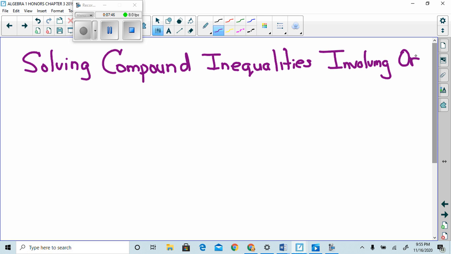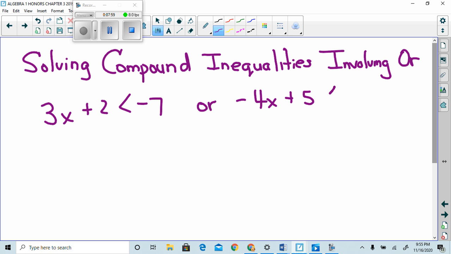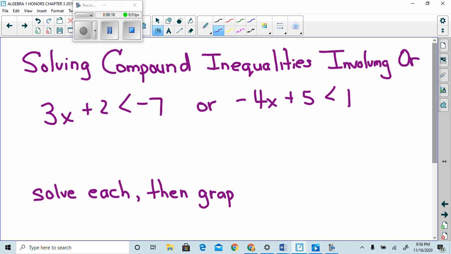What are the solutions to the inequality 3x plus 2 is less than -7 or -4x plus 5 is less than 1? We solve these separately and graph it on the same number line. So go ahead and start solving.